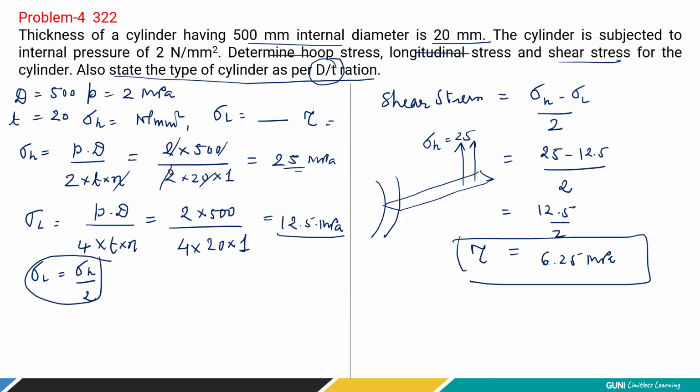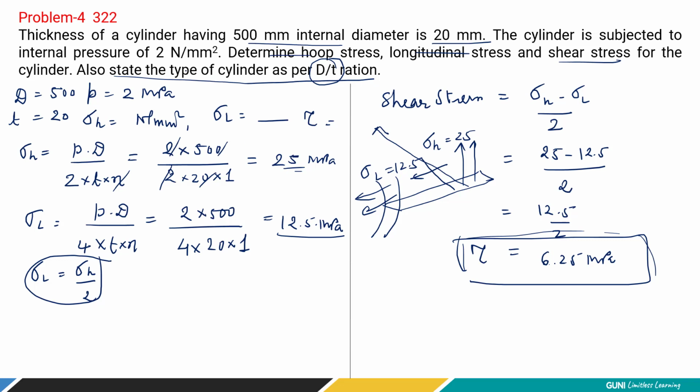Then the longitudinal stress acts in this direction, which is half of the hoop stress. And the shear stress is simply in this direction at 45 degrees. This is again 6.25 by the normal stress principle equations.